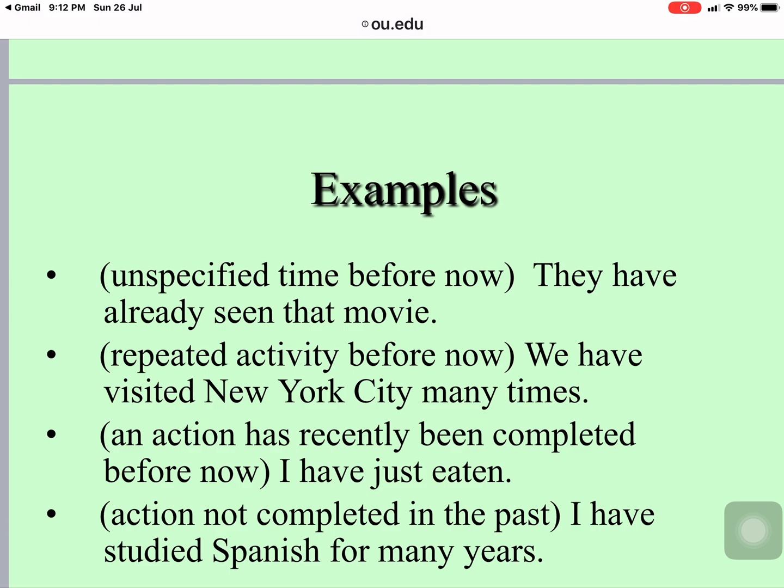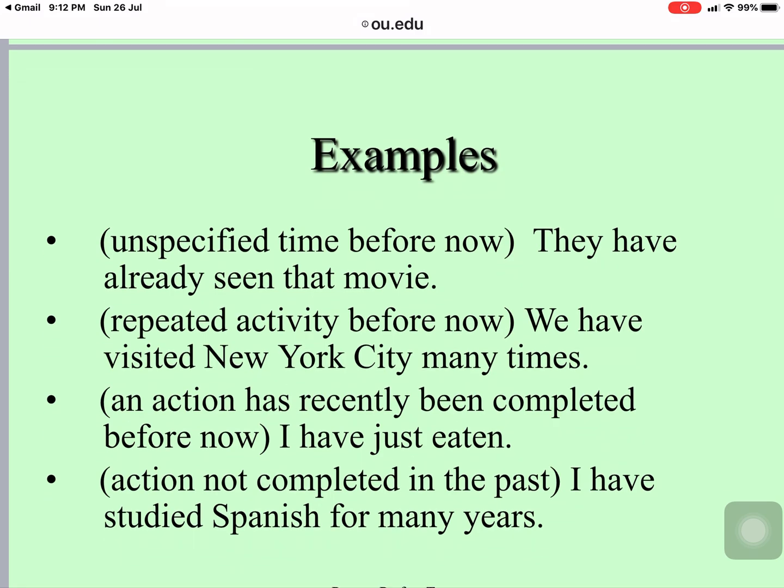Okay, the third case where present perfect is used, an action has recently been completed before now. I have just eaten.